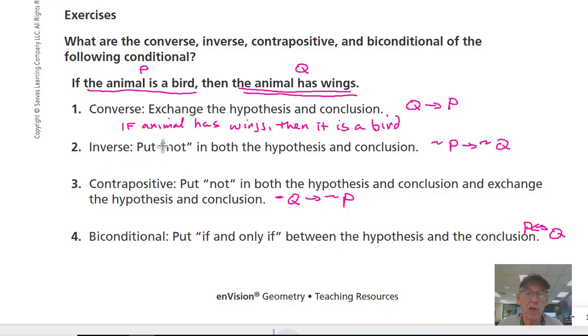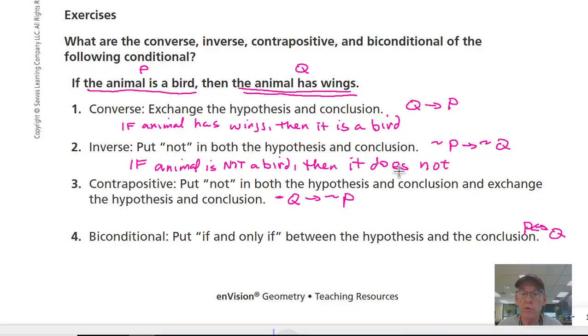To write the inverse of that statement, you add nots to the original order. So if the animal is not a bird, then the animal does not have wings. So if animal is not a bird, then it does not have wings. And this doesn't really have anything to do with whether they're true or not.